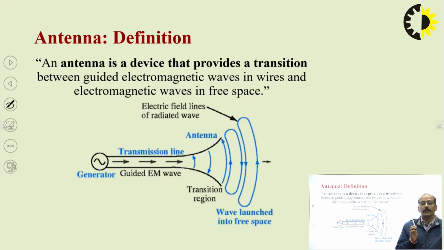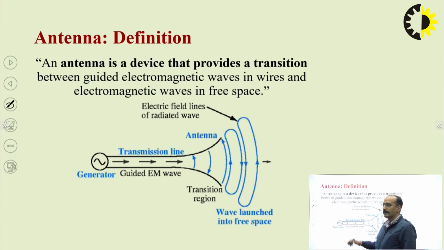You can see in this diagram a transmission line. A transmission line has two lines in parallel combination, and you apply a generator here.